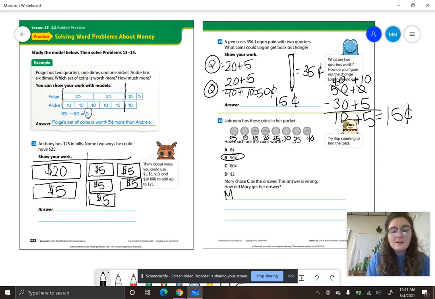So Mary counted the coins as dimes that are 10 cents each.